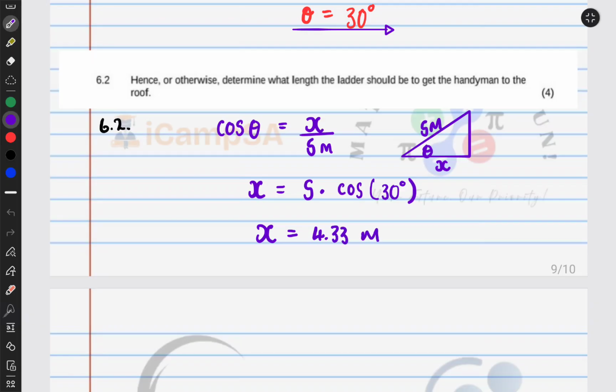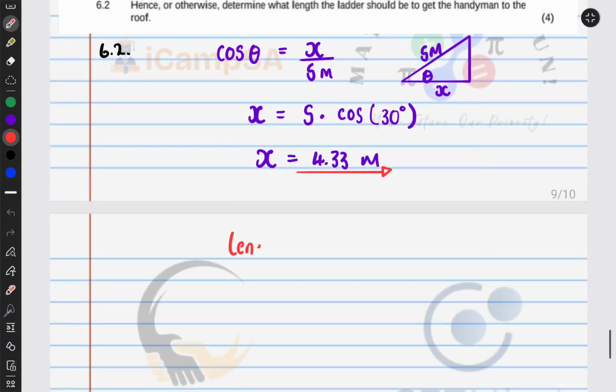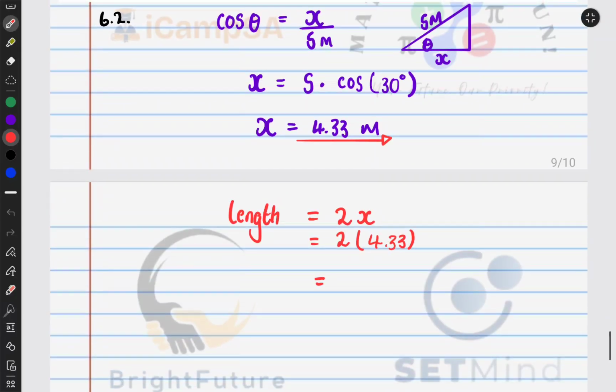This is equal to 4.33 meters, but this is not your answer. The length of the ladder is 2 times x, so length is equal to 2x. Therefore length is equal to 2 multiplied by 4.33. Therefore the length is going to be 8.66.